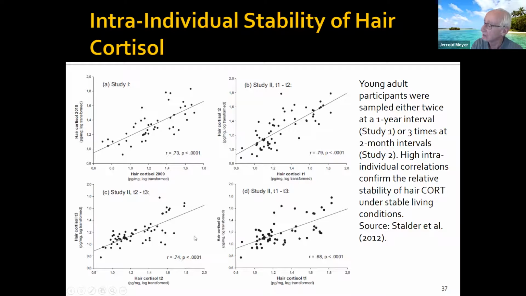So again, you can see correlations of over 0.7 or here nearly 0.7. So this tells us that we have data of our own also indicating a pretty good stability, assuming that people are living under stable conditions, obviously, that there's no big change in their stress.